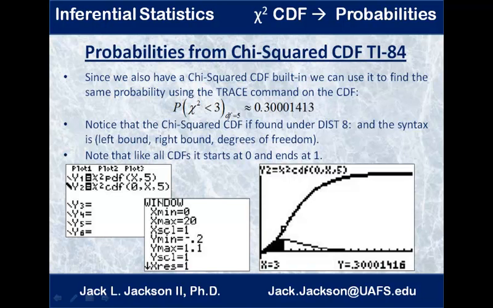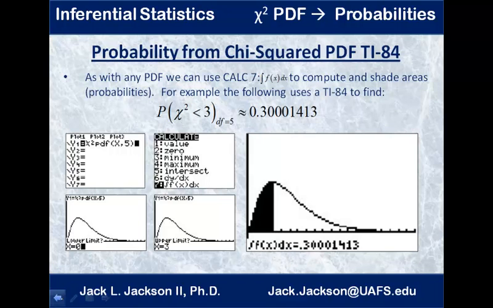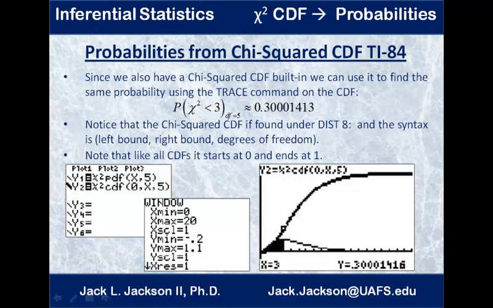Now I went back at this point, and after I got the graph, I went ahead and shaded this using the same steps that I did back here on the last one, so it would show up the shading. And then I went back and showed you how you can find the same probability on the CDF, and you just do that with a trace.